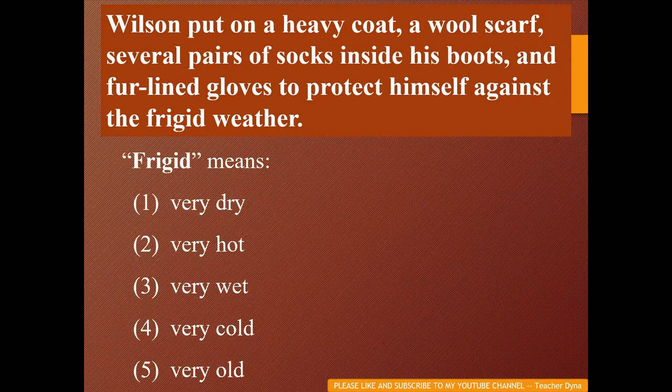Wilson put a heavy coat, a wool scarf, several pairs of socks inside his boots, and fur-lined gloves to protect himself against the frigid weather. What is frigid? 1. Very dry. 2. Very hot. 3. Very wet. 4. Very cold. 5. Very old.